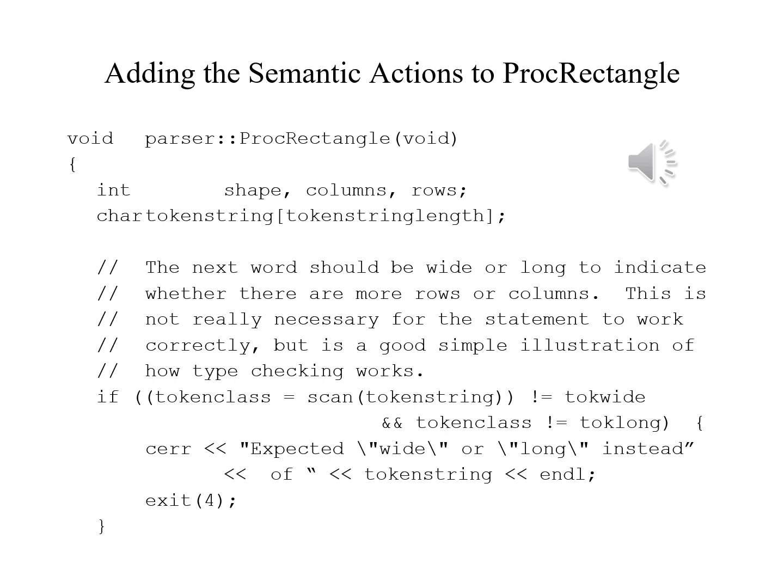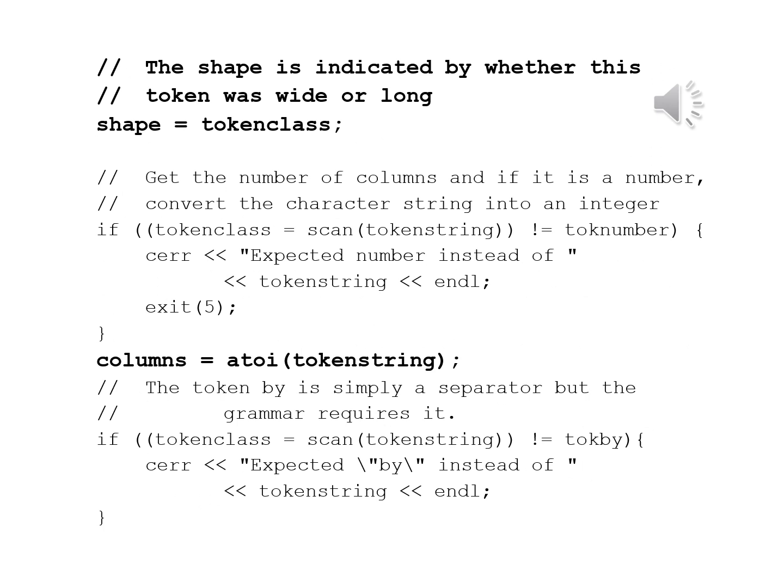Now, you'll notice on this particular slide that all the code is in regular font, not boldface as before. The only code in boldface will be the additional statements that we add to implement the semantic actions that this method requires. You'll see, first of all, here in boldface, that we save the token indicating whether it is wide or long using the variable shape.